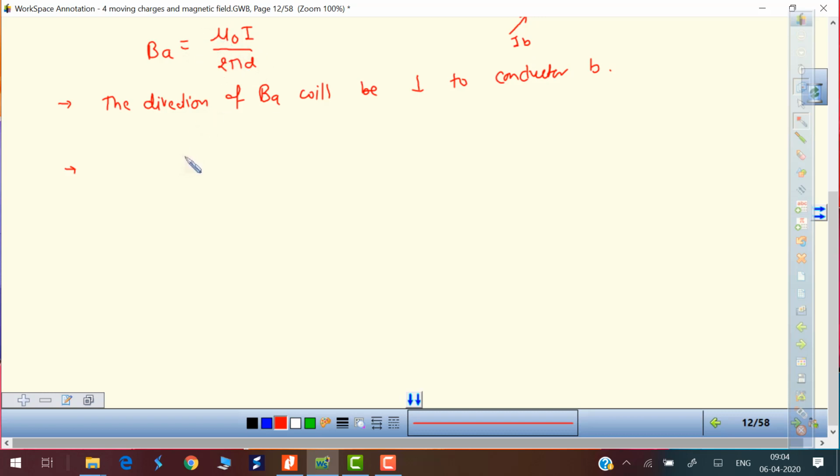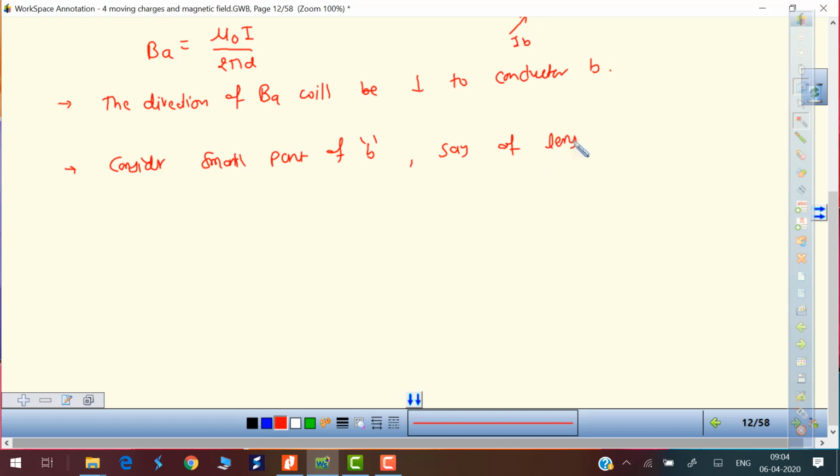So we can imagine that a conductor is placed in this much magnetic field. So we consider a small part of B.